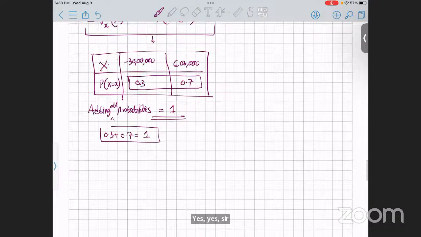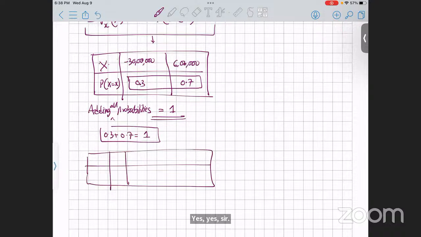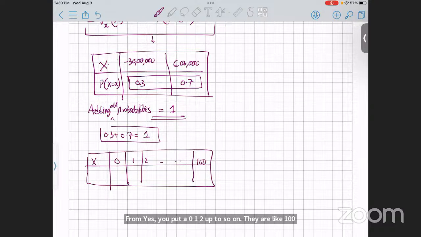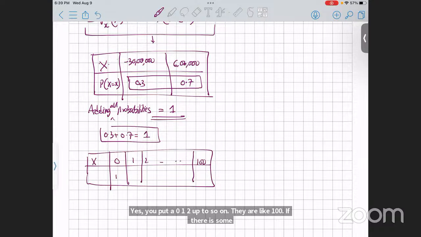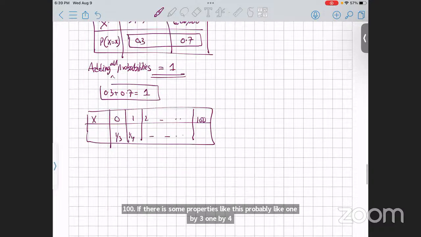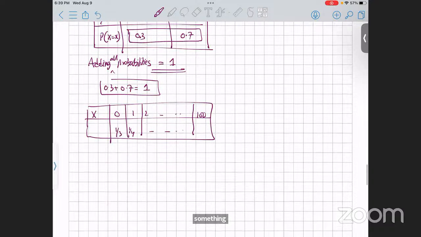If there are 100 random variables, x equal to 0, 1, 2 and so on, with probabilities like 1 by 3, 1 by 4, and someone asks you the probability of x greater than or equal to 2.